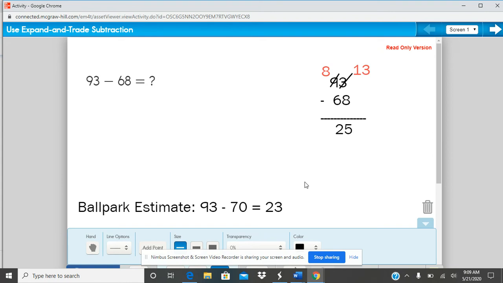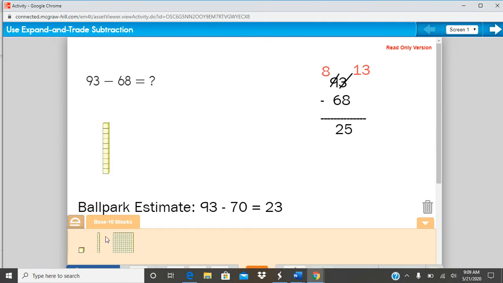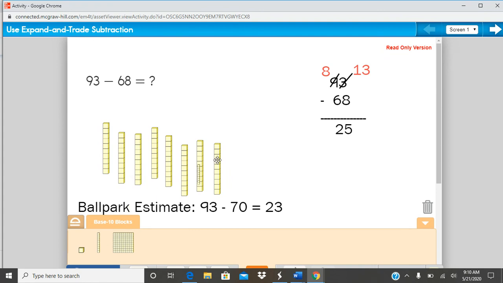Now, if we were going to use base 10 blocks, which I'm going to pull up right here, hide this guy. Hopefully I can find them. I think it's right here. Yep. All right. So if I have 93, I would have 9 of these guys. 2, 3, remember these are each 10. 4, that's 40. 5, 6, 7, 8, 9.